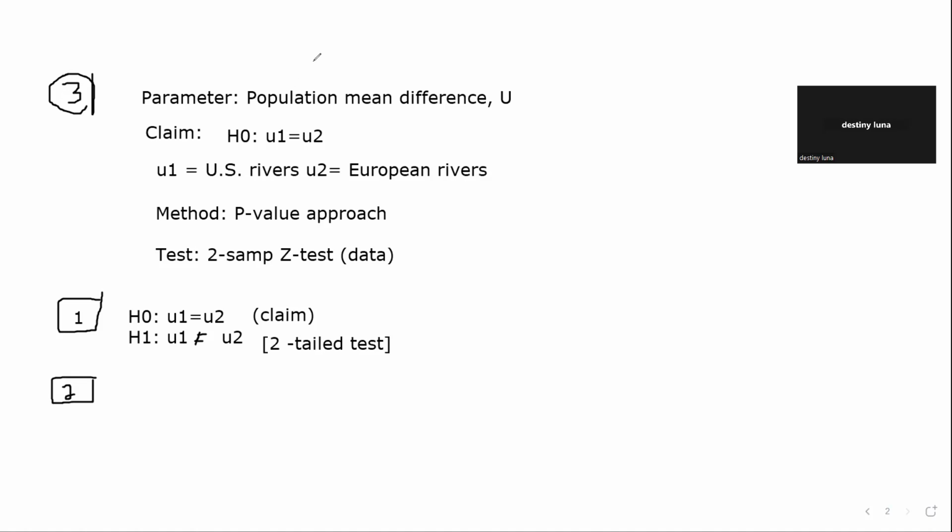So you're going to say that your p-value here, I'm sorry, your test statistic, my apologies, your test statistic, and I'll show you how to get that in a minute. Your test statistic is going to come from the calculator, and I'm going to make a note that it comes from the two sample z-test for data, okay? Just for your own sake, because we already made a note up there.